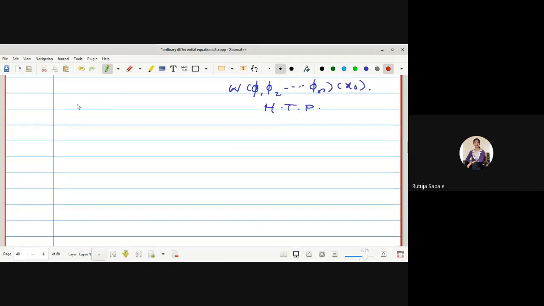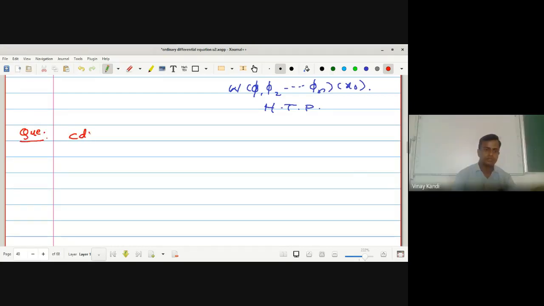Not the theorem, the question is this. Consider the equation L of y is equal to 0, which is y double dash plus a1 of x into y dash plus a2 of x into y.